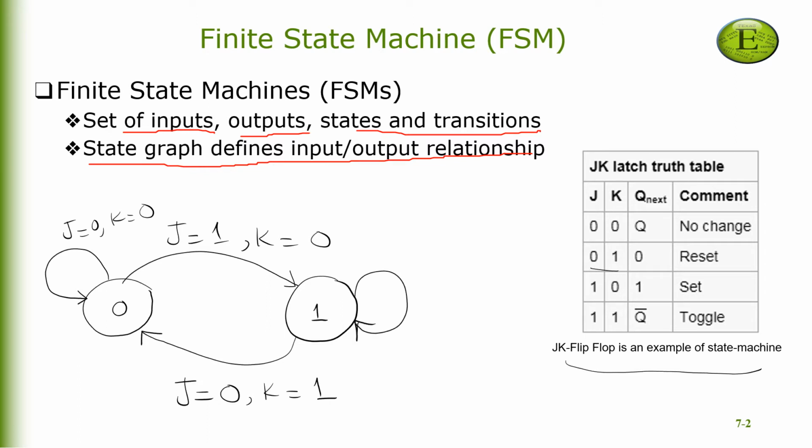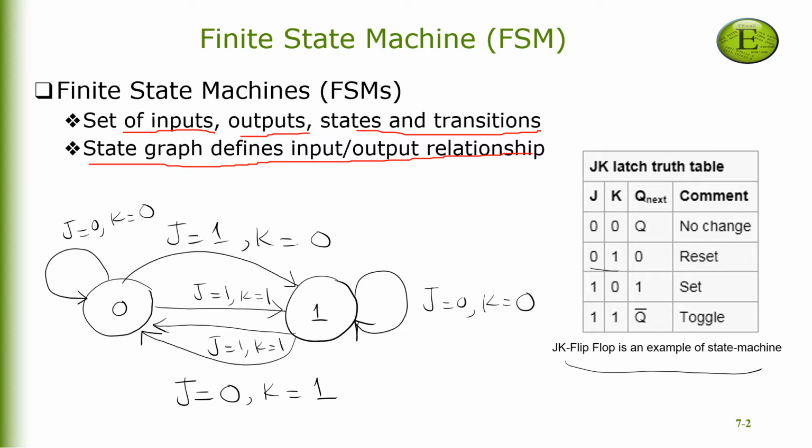Same here, J equal to 0, K equal to 0. And finally, if we want to toggle, then J equals 1 and K equals 1. Toggle 1 to 0, J equals 1, K equals 1.